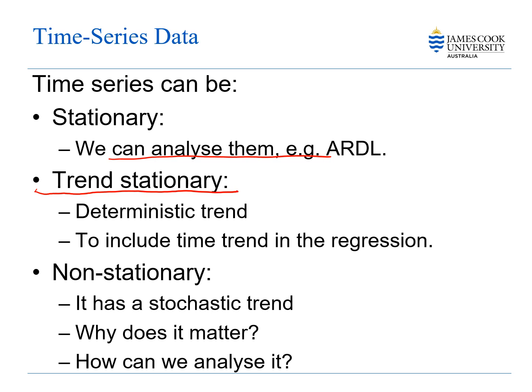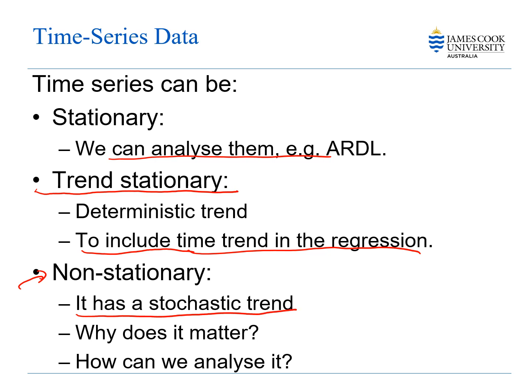To handle this trend stationary variable is, in a sense, easy. We just need to include the time trend in the regression to account for it. Or we can detrend and perform the analysis on the detrended variables. Time series can also be non-stationary, which means it contains a stochastic trend.